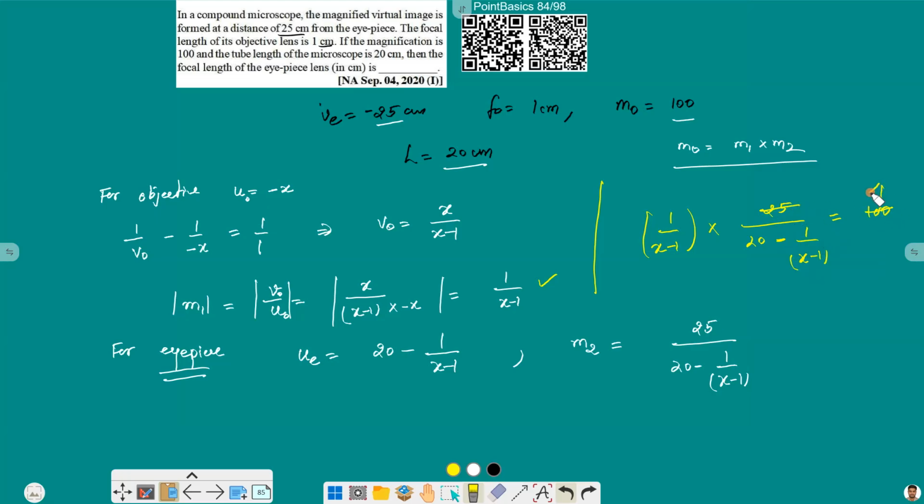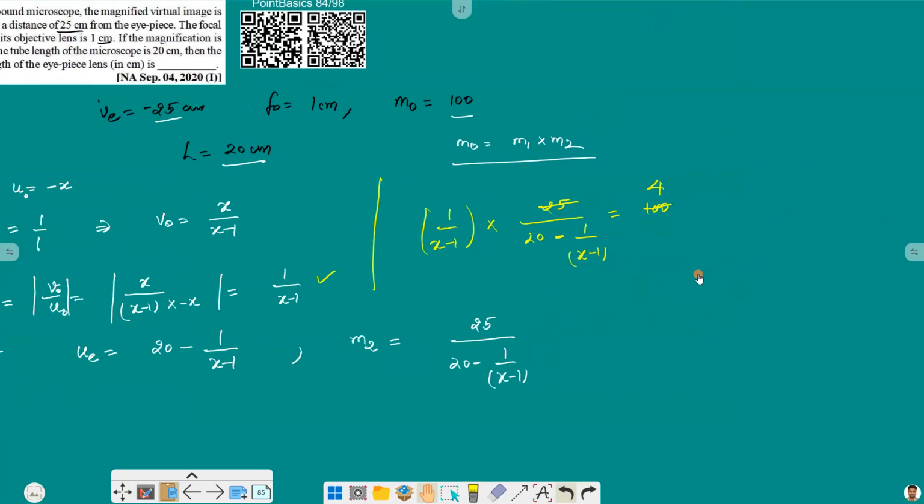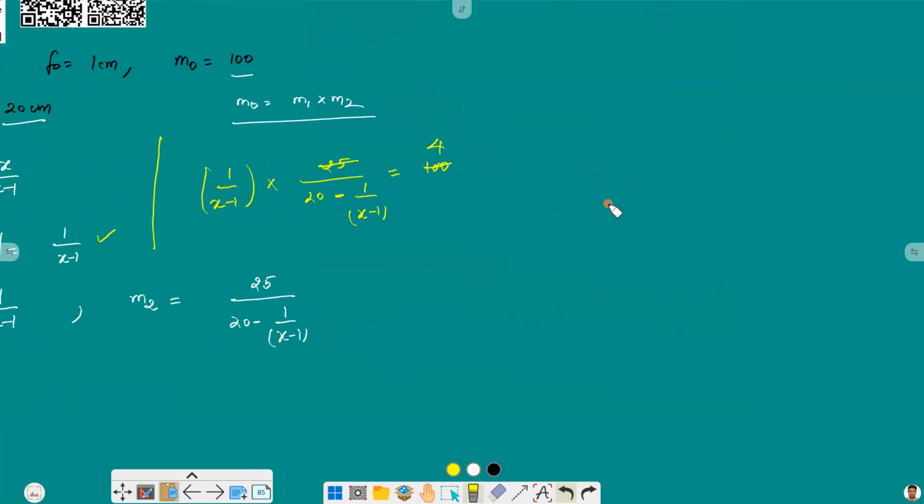This will cancel by 4. And if we take it further, this will be 1 by X minus 1. Here we will have X minus 1, and here we will have 20X minus 20 minus 1, I think, is equal to 4. So this will get cancelled out.